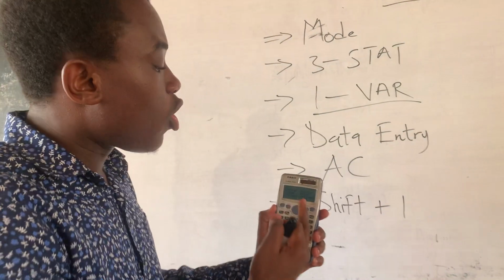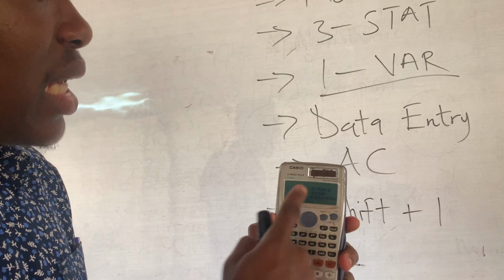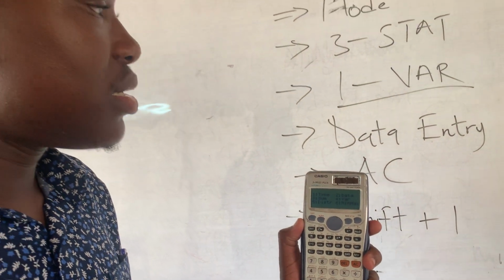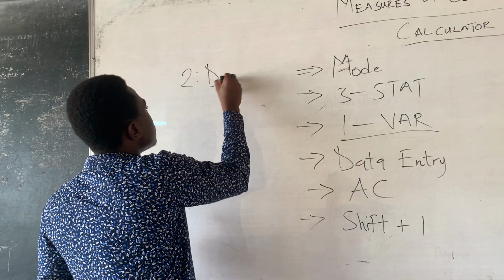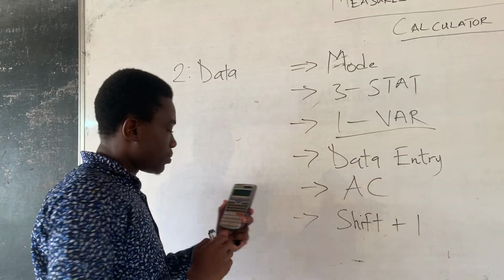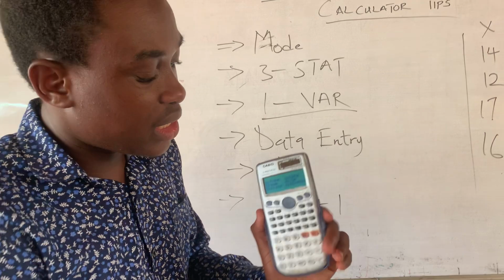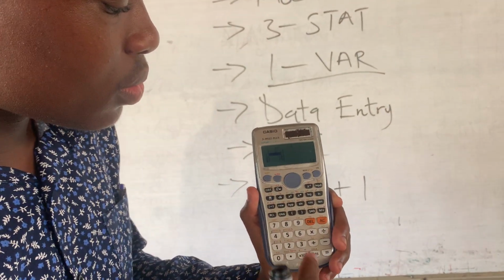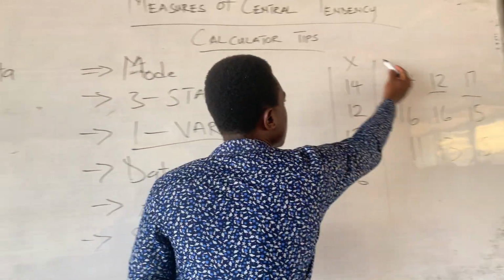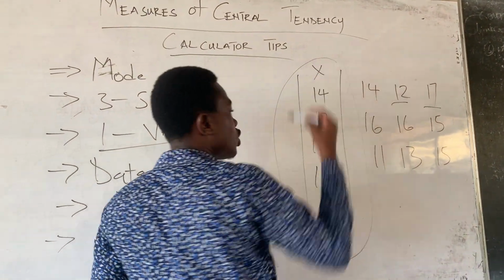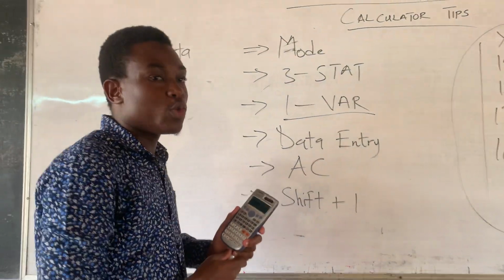Now, the second option is data. If you press 2, which is the second option, it will take you to your data. That is the entry that you make.